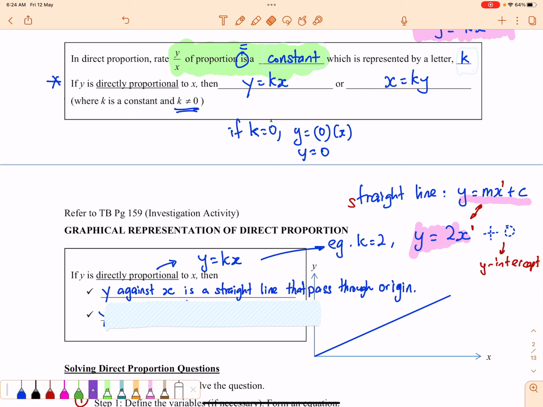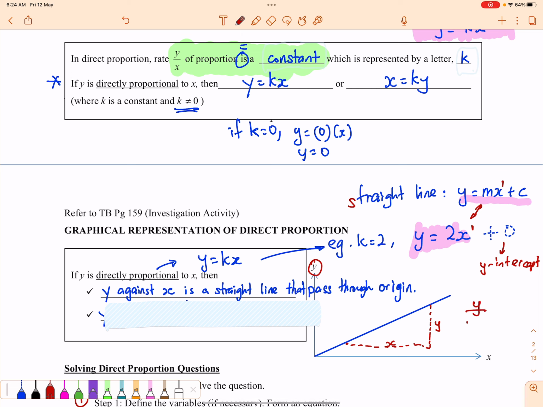The second one will be something to do with the gradient, right? So let's recall how to find the gradient. Now gradient means I want to draw a vertical line and a horizontal line, and because the vertical line is my y-axis, so this is my y, this is my x.